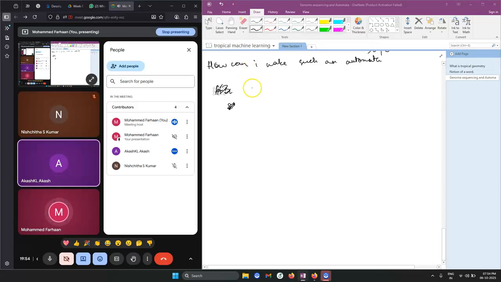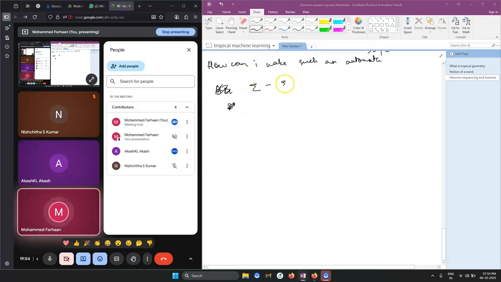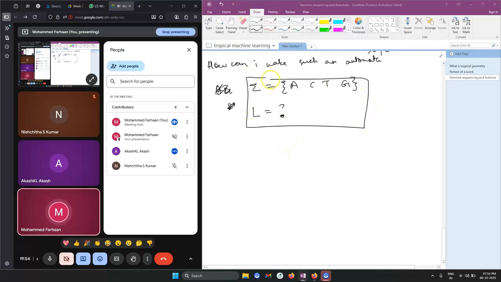Basically, like I told you, we treat our alphabet as though it is A, C, T, G. And the question now becomes what is the language that I have to solve. Now, this is the direction, in a hand-wavy way.